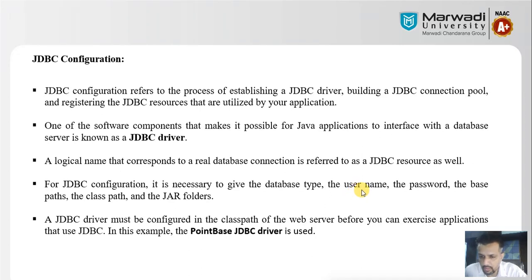If you log in to your database, you always enter your credentials. So if I use Oracle, then I will use the workspace name, then username and password. I must write such credentials in the JDBC configuration. Also the base path, class path, and where I have put the jar folders. These are the basic utilities when we establish the connection.